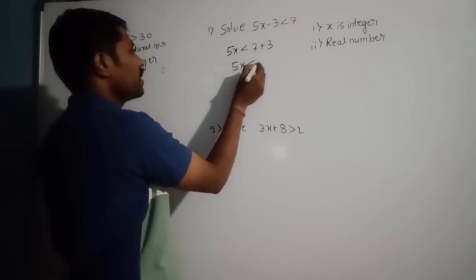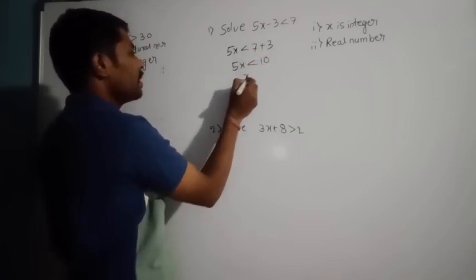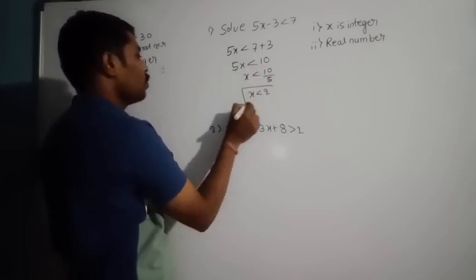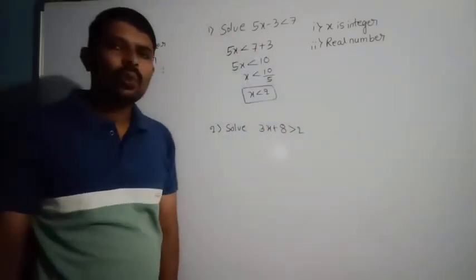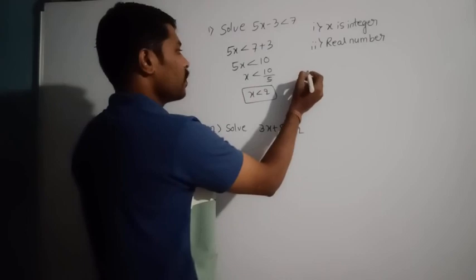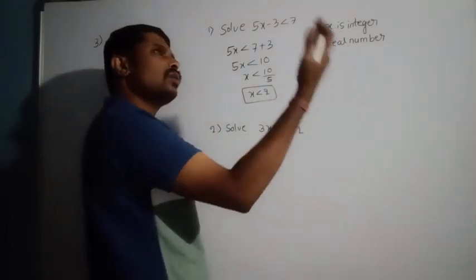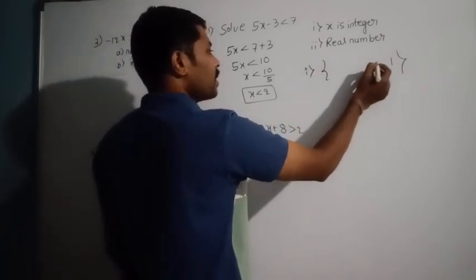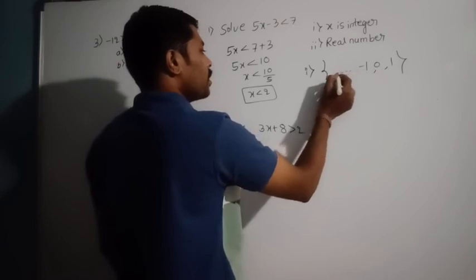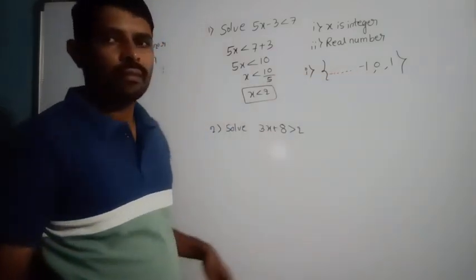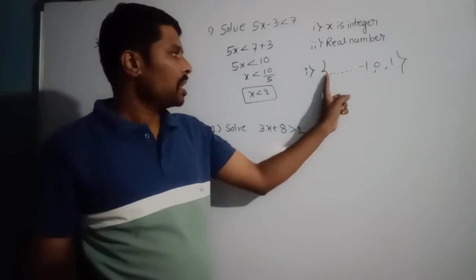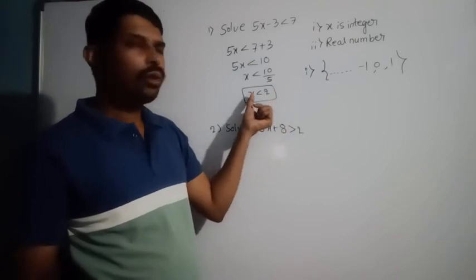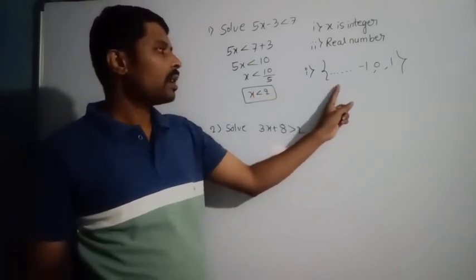So 5x is less than 7 plus 3, which is 10. x is less than 10 by 5, so x is less than 2. Which integers are less than 2? 1 will come, 0 will come, minus 1 is there, and so on. Because many numbers are there, we write the last 3 numbers and then so on. Suppose it were greater than 2, then we would start here with 3, 4, and so on.